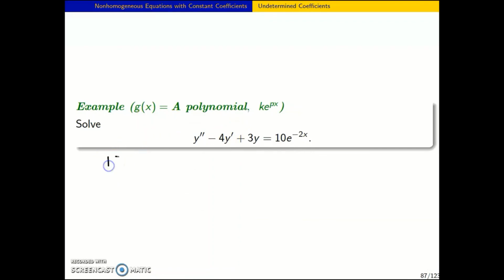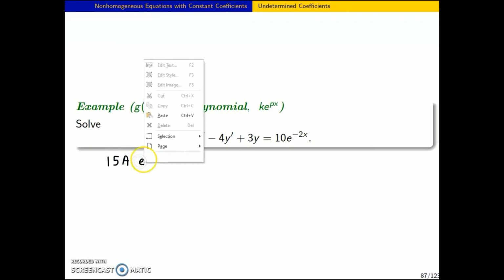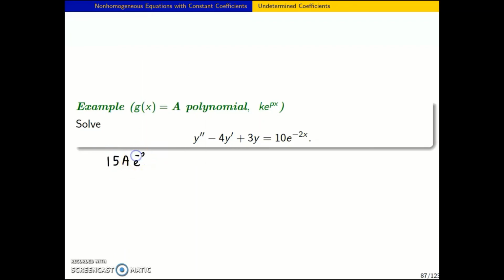So I have 15A e to the negative 2x equals 10 e to the power of negative 2x.